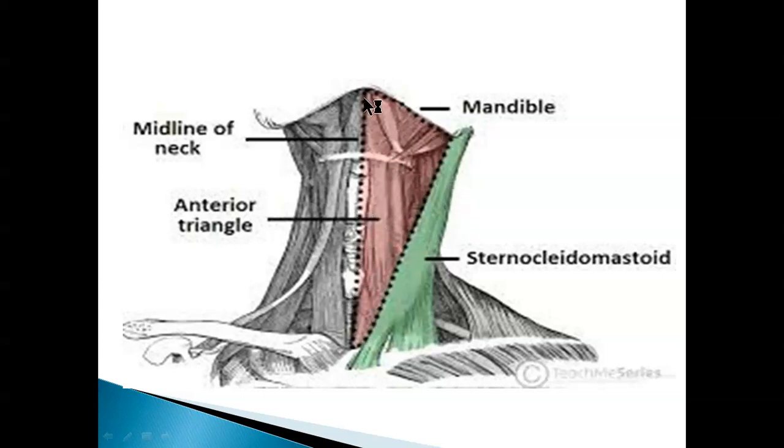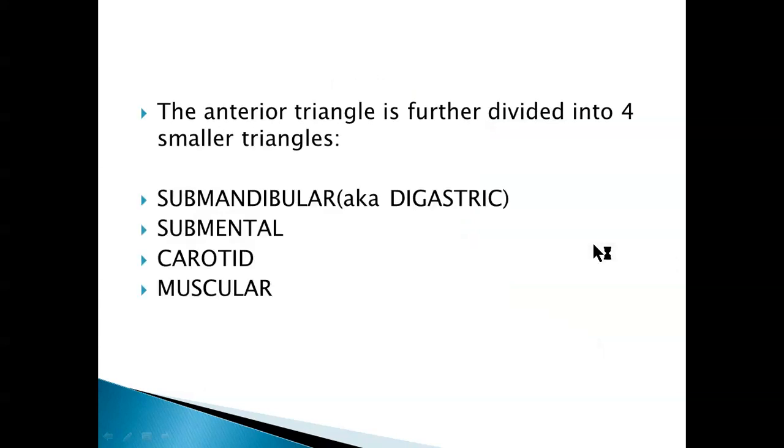The anterior triangle as a whole is further divided into the submental area, the submandibular area, this one the carotid area, and this one the muscular triangle. The anterior triangle is further divided into four triangles. Submandibular, also known as digastric, because of the digastric muscles, anterior belly and posterior belly. Submental area, yeah. And then we have the carotid and the muscular.